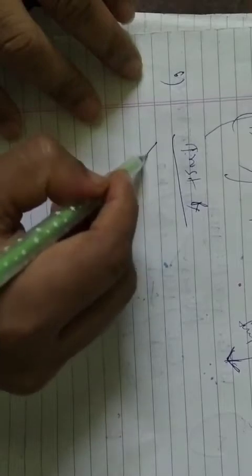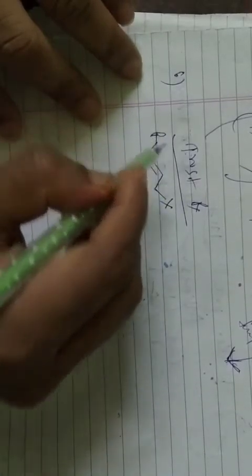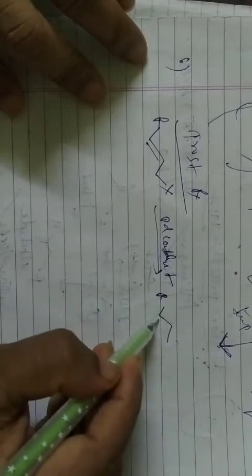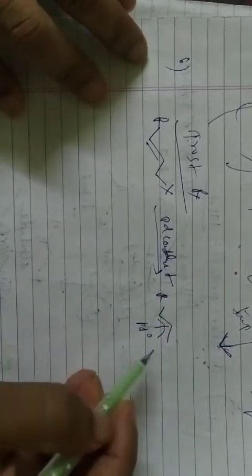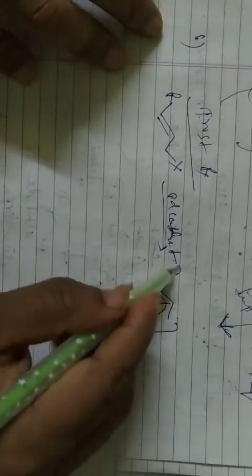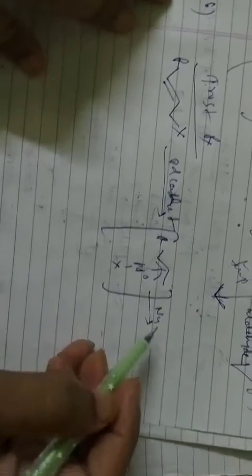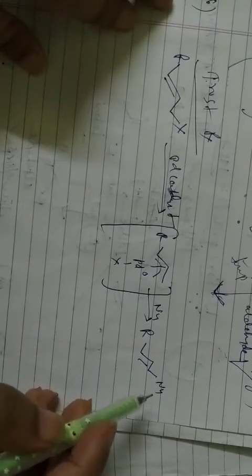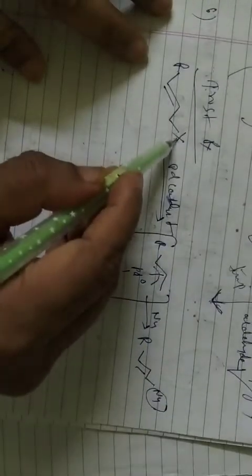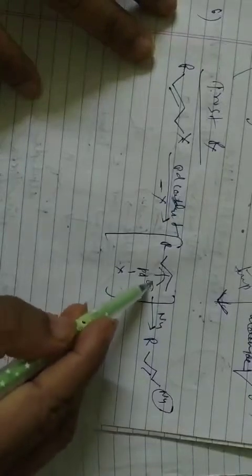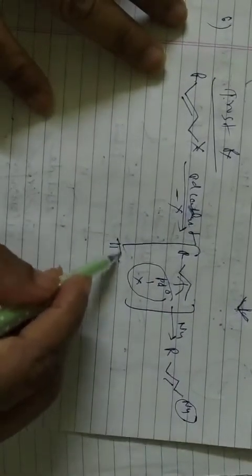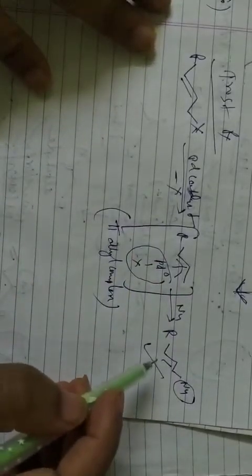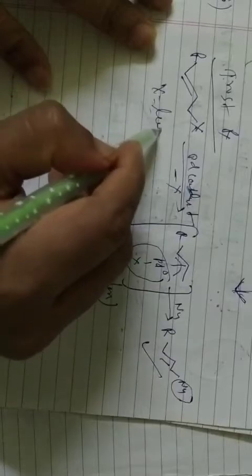Here you can see this is your halide, and if you treat this with a palladium catalyst, you are going to get an allyl complex, where palladium is attached to the allyl group, and when this is treated with the nucleophile, it is going to attach at the terminal carbon. The X is taken by the palladium, where a pi allyl complex is formed as an intermediate, and finally you get this product, where X is a leaving group.